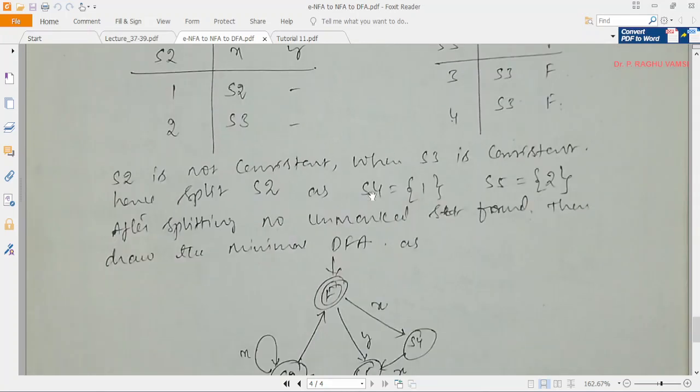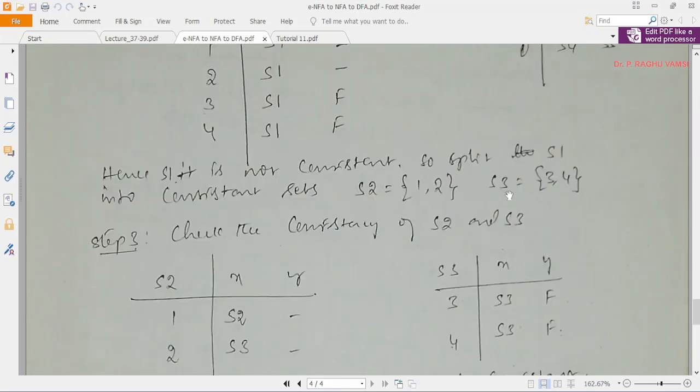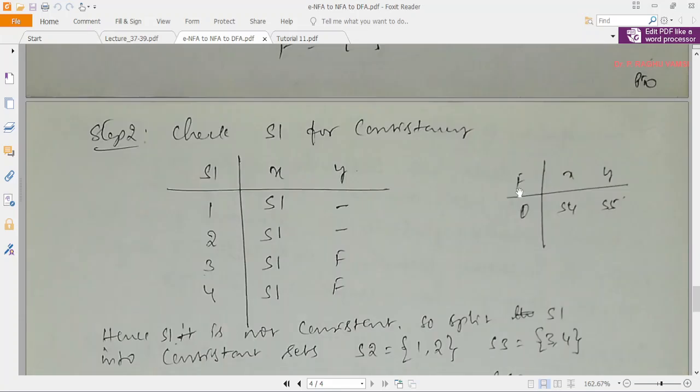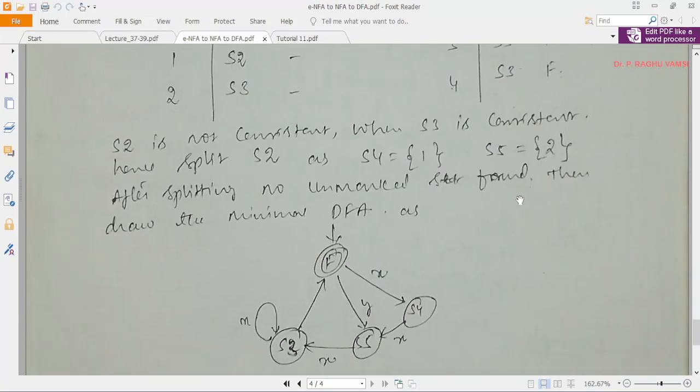Since S1 and S5 have only one state in them, they cannot be split further. It is the finest possible splitting. So the reason we stop splitting the sets is this. So we have S4, S5, and F. By using this, we'll go for forming the DFA.